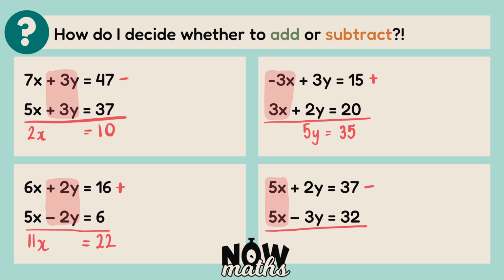If we subtract a negative number, we add it, so this is the same as 2y add 3y, which is 5y. And finally, 37 subtract 32 is 5. So again, we're left with an equation where we've eliminated the x term and we could solve this to find out the solutions to the equations.